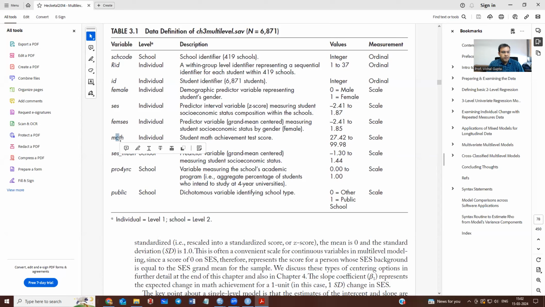We had math as the predicted variable, or the DV, and we were having individual SES information. We were looking at the three level 2 variables, SES mean, Prof 4-year, and public as the variables.